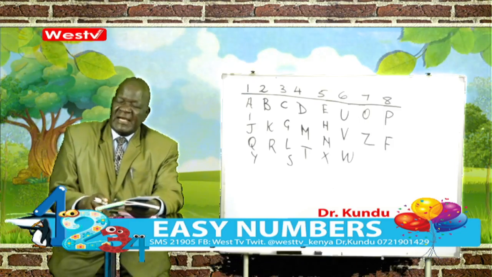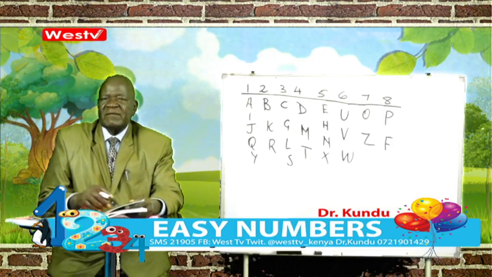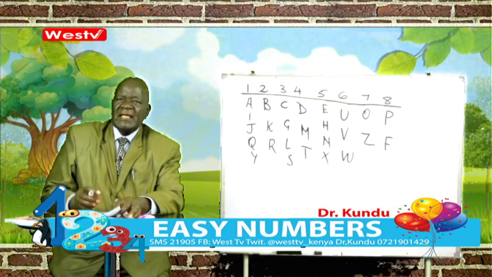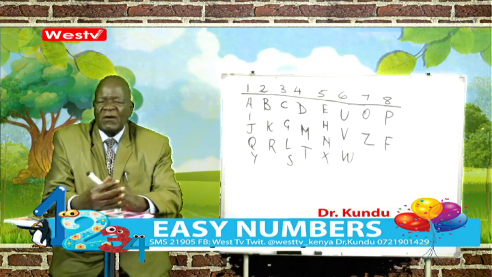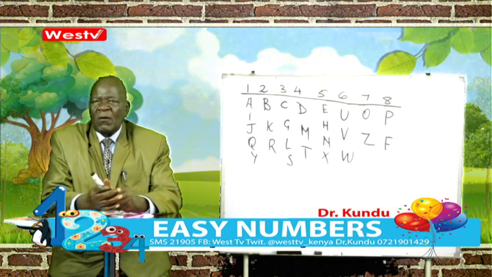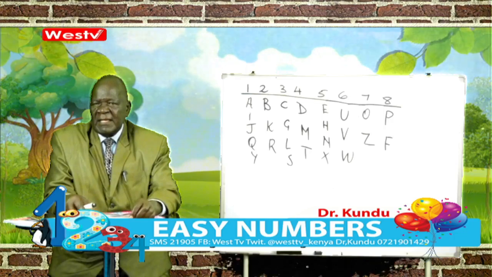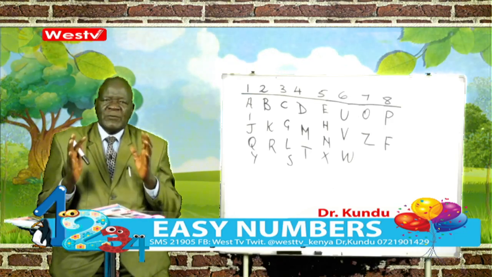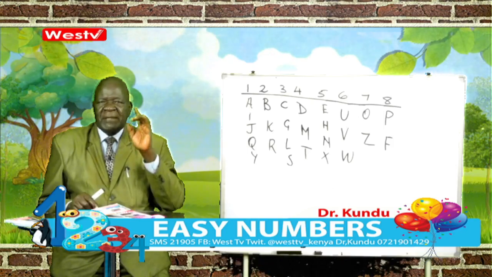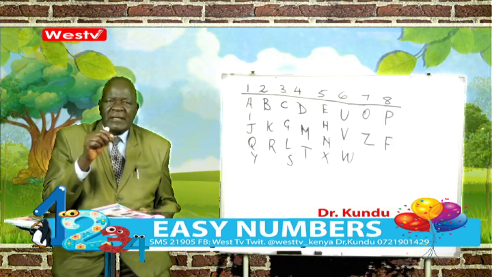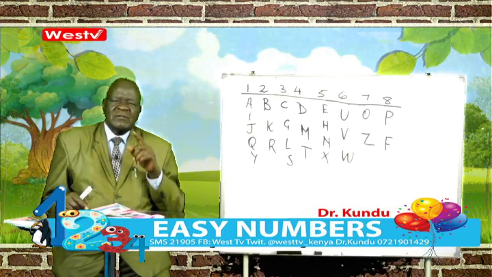So these are the letters that are used in the universe to make names of businesses, of people, of any situation. And the letters make what we call words. And I've told you before that in the beginning, there was the Word, and the Word was with God, and the Word was God.